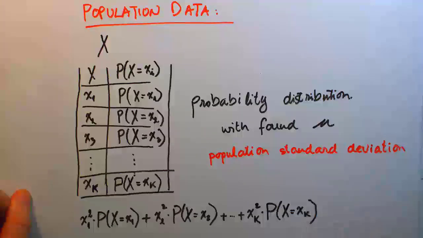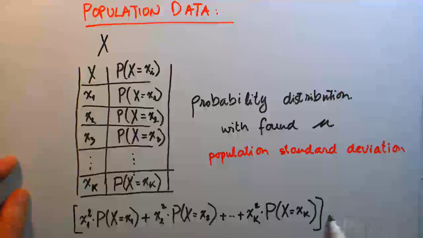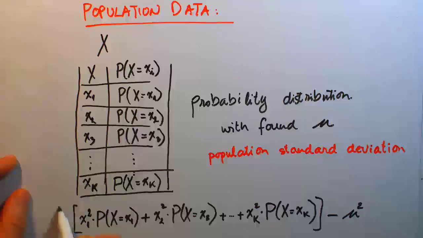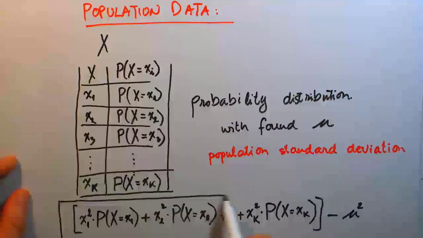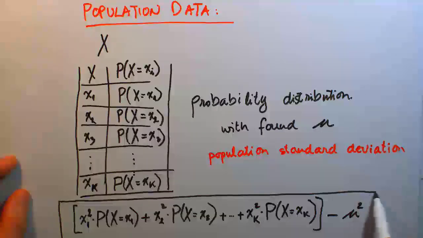But now, once we finished adding, then we are going to subtract the square of the population mean. And notice we only need to subtract once. And after subtracting the square of the population mean value, then we take a final square root.